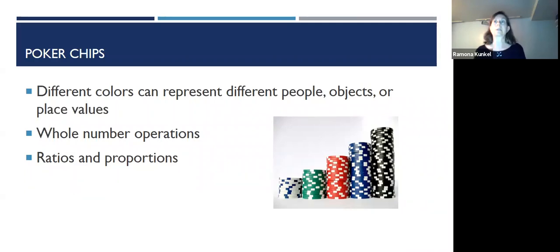You can also use them for ratios and proportions, showing 3 red poker chips to 5 black poker chips. Again, it's just a way for students to visually see what's going on instead of having to figure it out in their head.